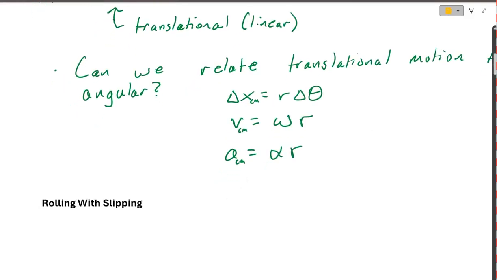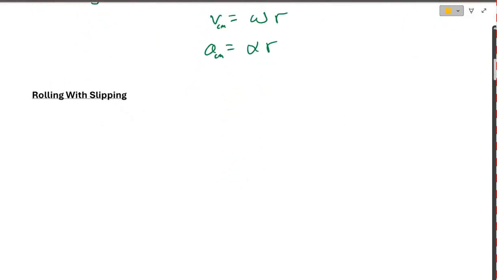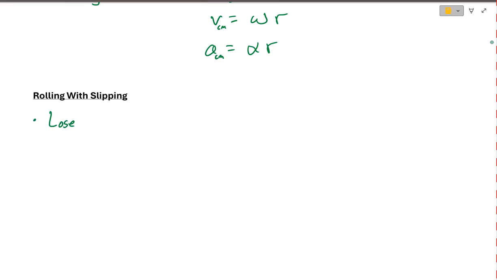The situation changes when we roll with slipping. When we roll with slipping, we lose kinetic energy to friction as we roll.